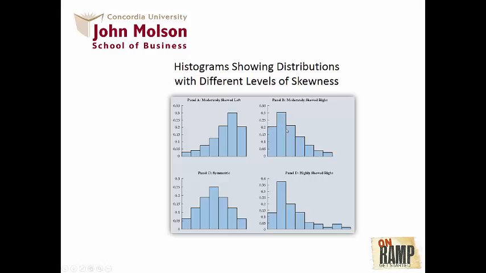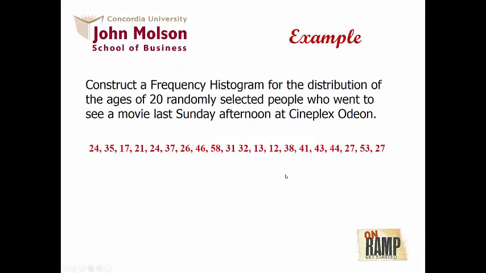Panel B, I have a tail on the right, so I'll say it is skewed to the right. Panel D, the tail on the right is even longer. We say it's highly skewed to the right. This is just an interpretation. So the histogram allows me to make these small conclusions.